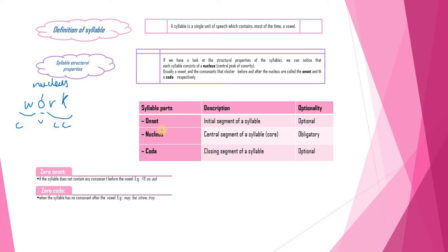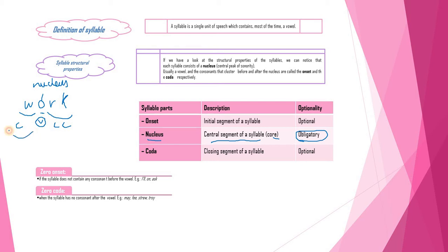The syllable parts: we have the nucleus, which is the central segment of a syllable, the core. It is obligatory in the syllable. It is normally the vowel, so the vowel is the nucleus of any syllable.